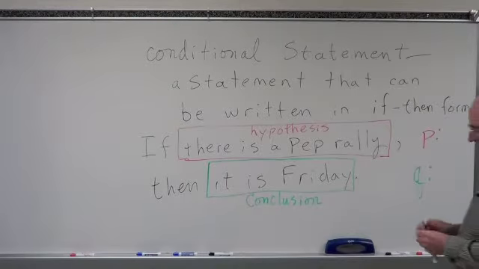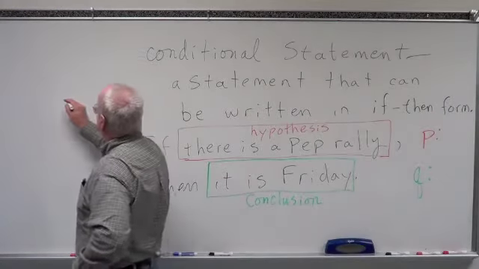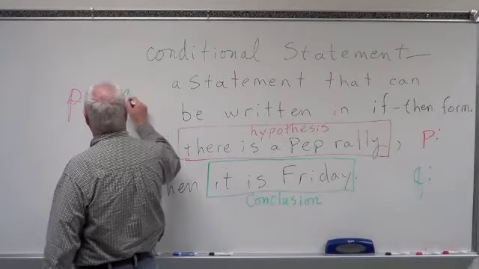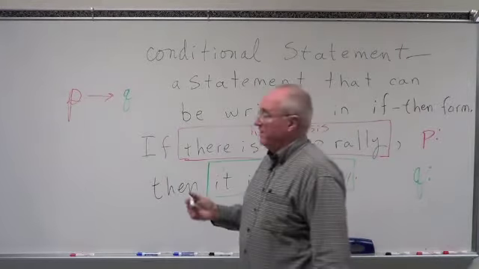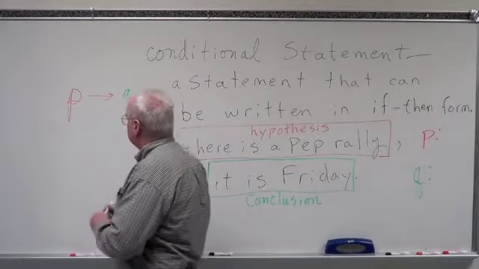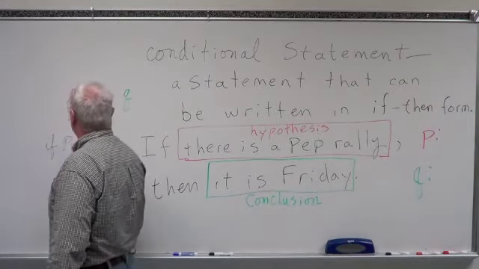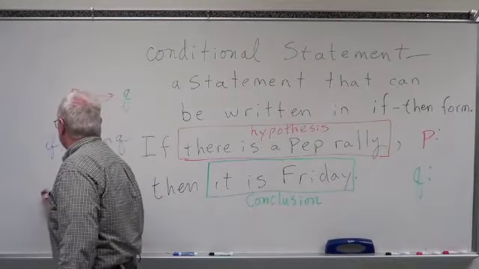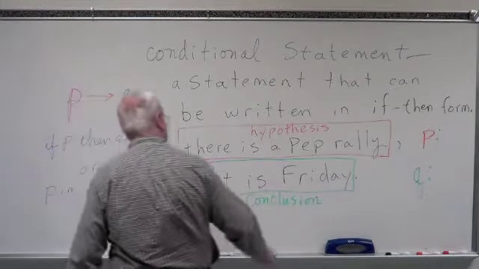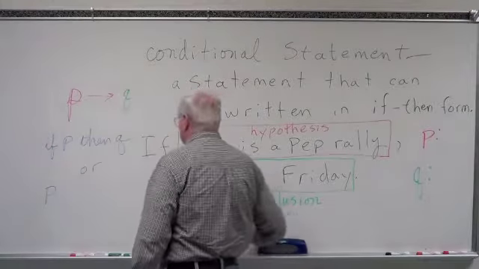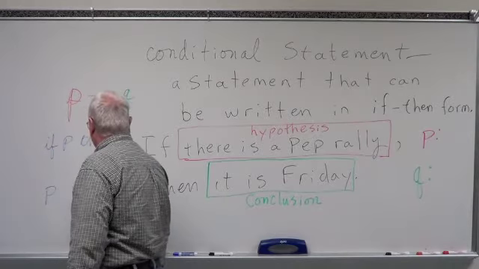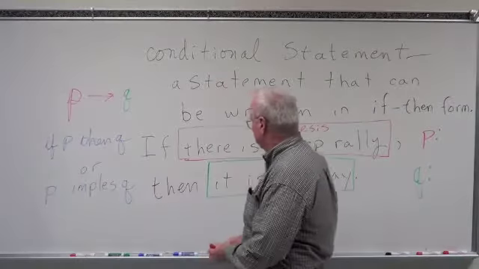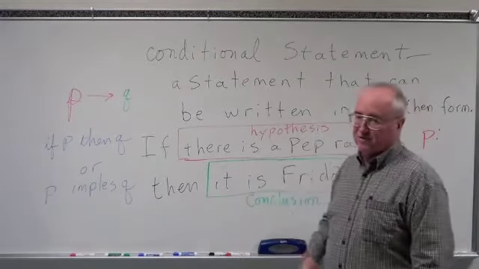The way we would write this symbolically is this: P, then Q. The way you read it is, if P, then Q, or P implies Q. If P, then Q, or P implies that Q is true.